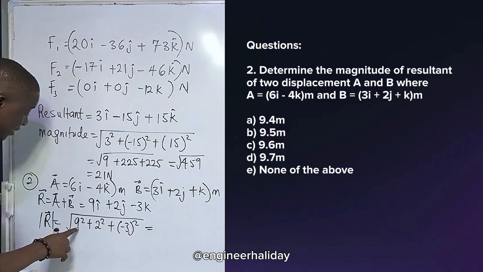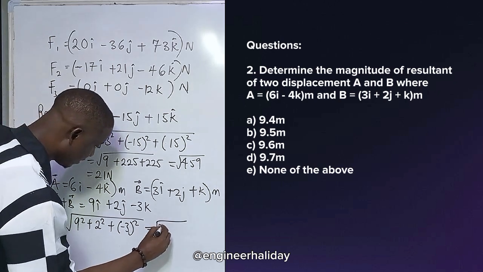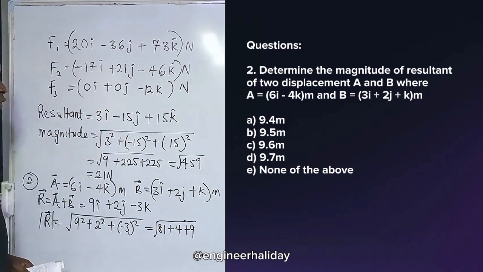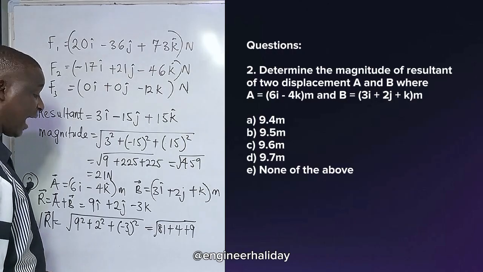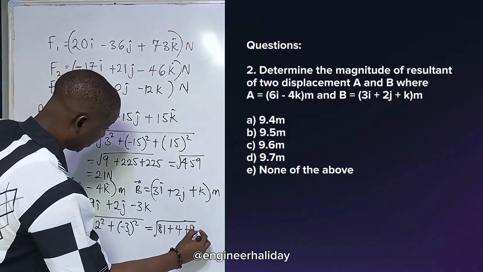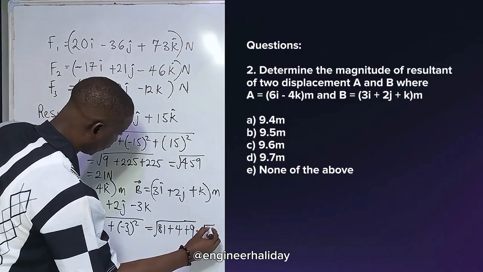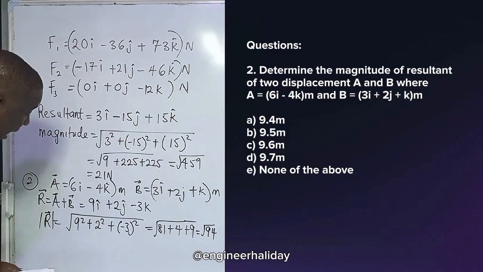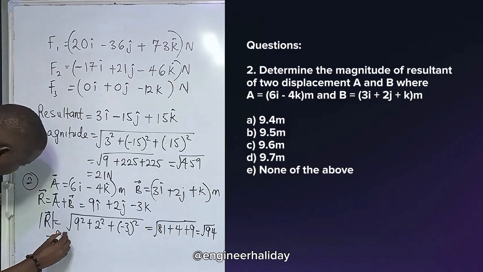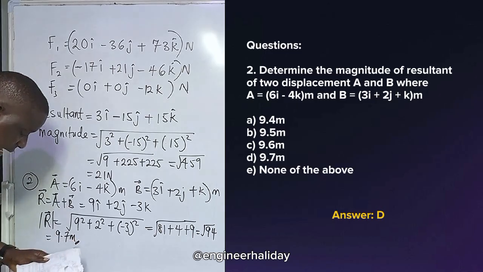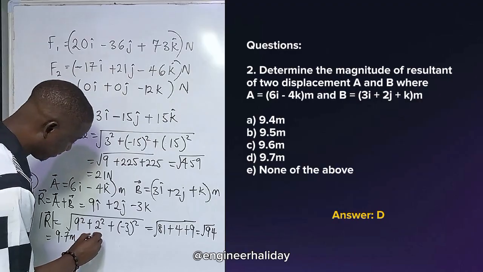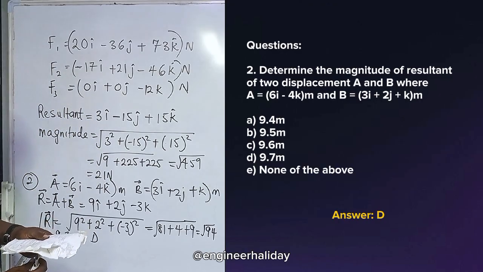So that is 81 plus 4 plus 9. 81 plus 4 is 85, plus 9 is 94. So the square root of 94 is 9.7 meter. Excellent. And that is option D. D is the answer. Now let's go to number 3.